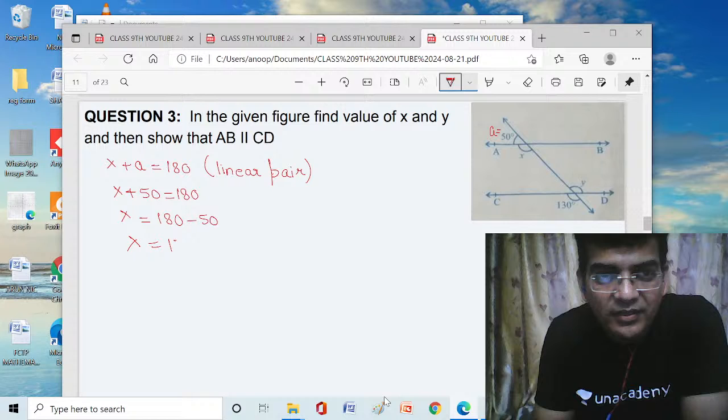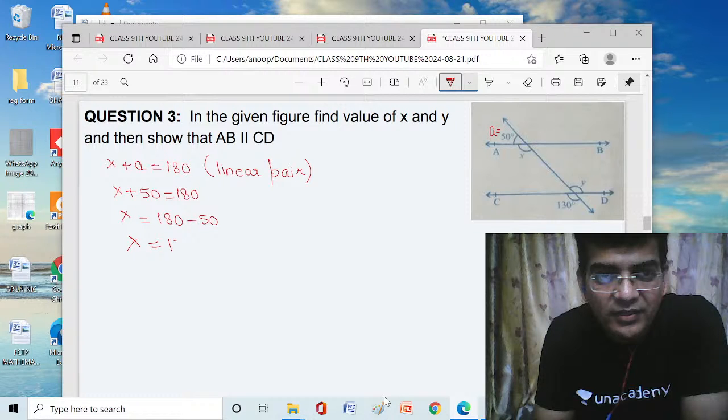Okay, so I have calculated x, I have calculated y. In the question they have asked me to calculate x and y. Now the next part is we have to show that these two lines are parallel. Now if you see in the figure, x and y are the corresponding angles. Sorry, alternate angles.